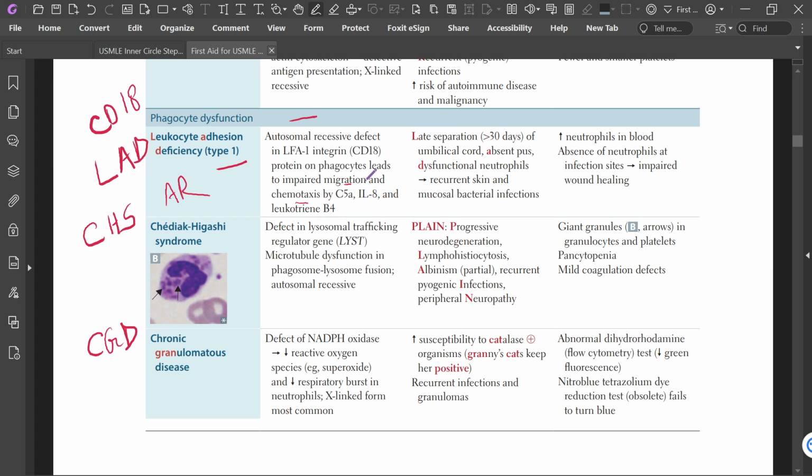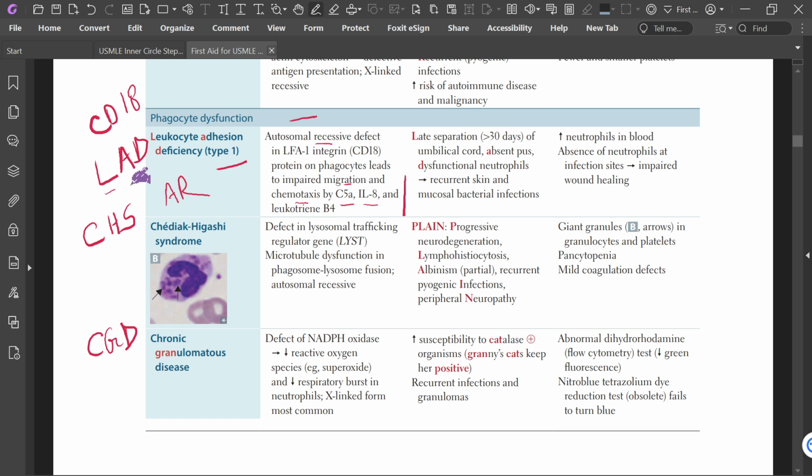We know the chemotactic substances are C5a, LTB4, IL-8, and some bacterial products. So, that is leukocyte adhesion deficiency, which is autosomal recessive with a defect in CD18 protein.